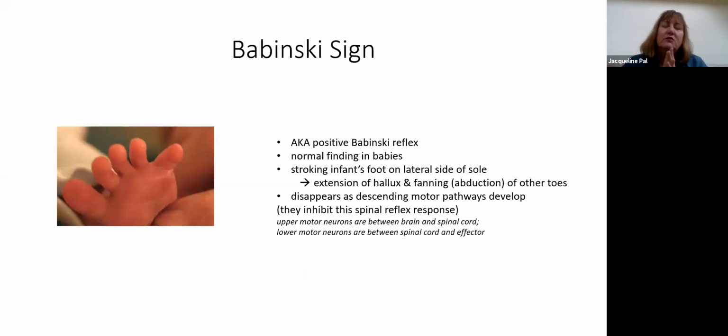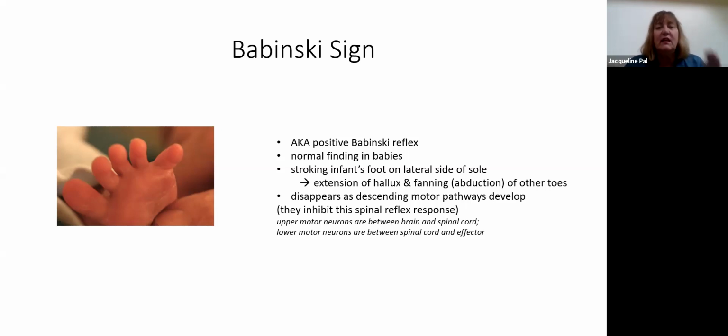All right. So there's one more reflex I wanted to talk about. And in order to do that, I need to explain what a Babinski sign is, which is also known as a positive Babinski reflex in the clinical scenario. And first, I want you to realize this is a normal finding in babies, but abnormal in adults.